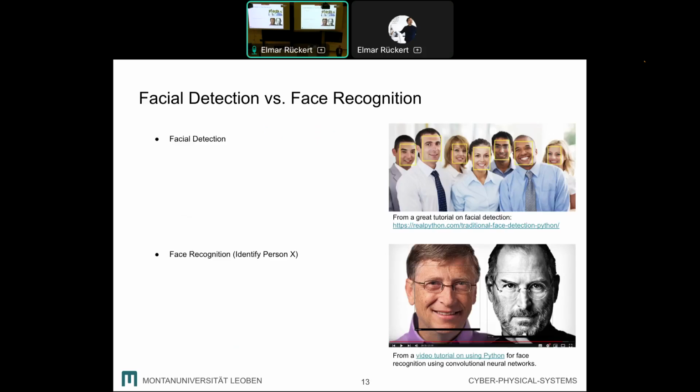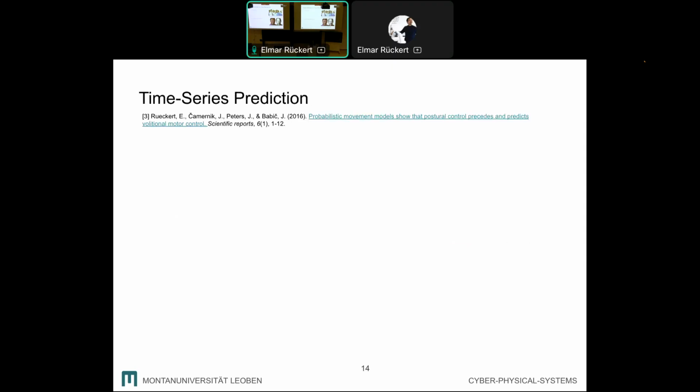This is also some minor detail. Face detection means that you identify individuals. Recognition, no, sorry, wrong, opposite way around. Face detection means you detect faces. This is a face, or this is a car, this is a bike. Facial recognition means that you identify the person X. Good. Forgive me for the mistake.